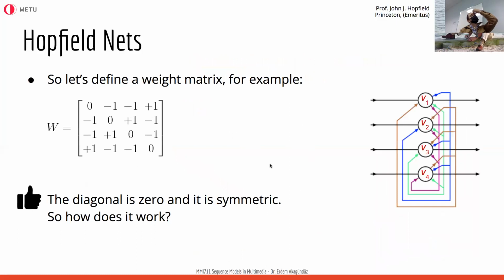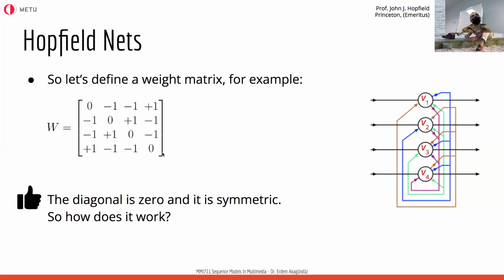So let's define an example and see. I tried it in MATLAB, Python, I don't remember. I've created a network where the connection matrix is this, which means when I'm feeding the output from node 1 to node 2, the output will be multiplied by -1. And from node 2 to node 1, the same.